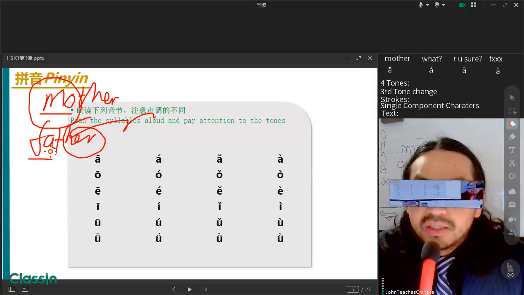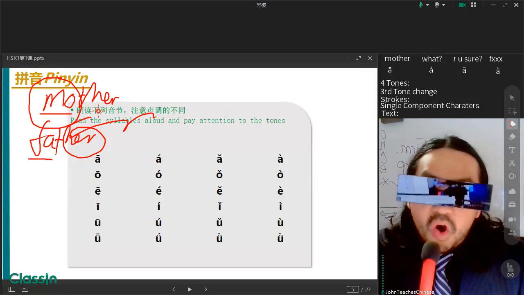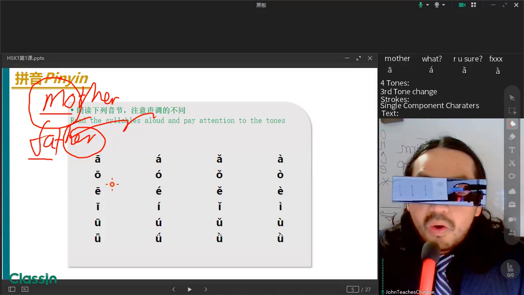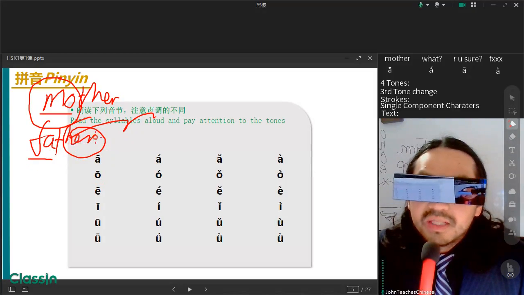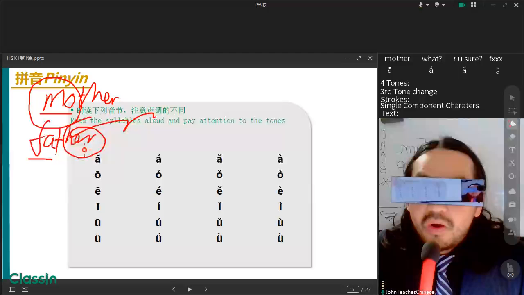You can replace it, no problem. Mother, remove the m: o. Or fo. You can replace any of it, no problem. For fo, father, remove the f: o, or a.